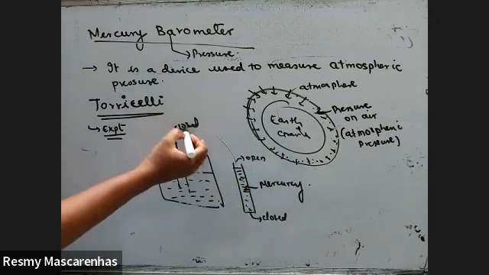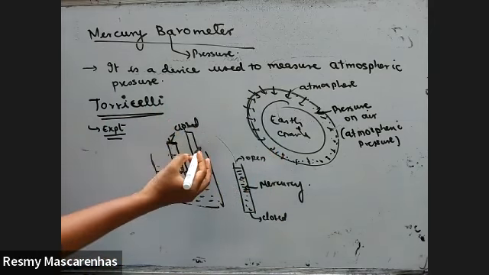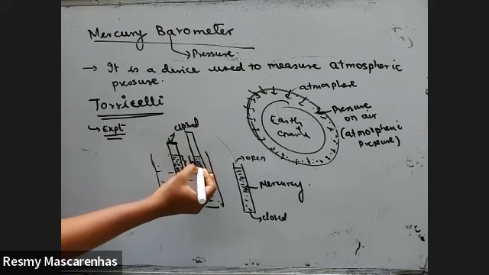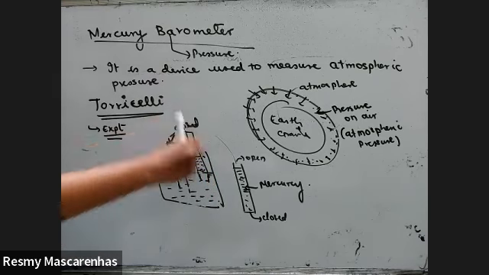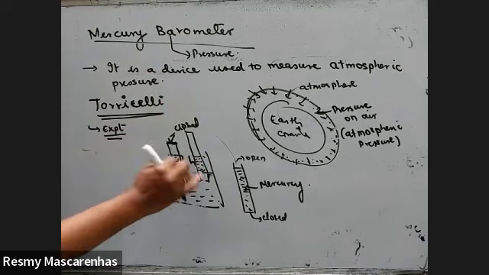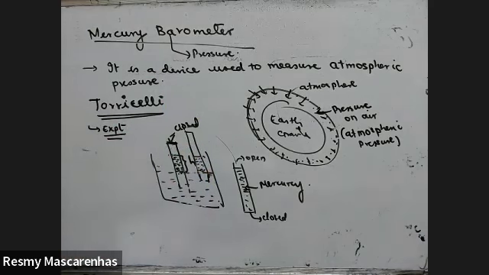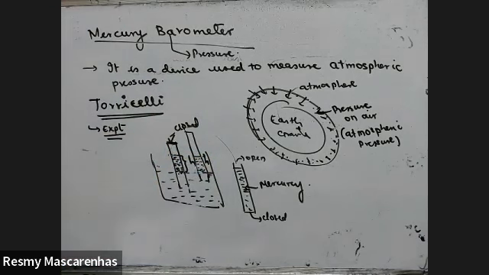Even with a bigger cylinder, he noticed that the height of the mercury which remains is always the same, no matter how big the tube is. He tried various sizes and every single time he got the same height.